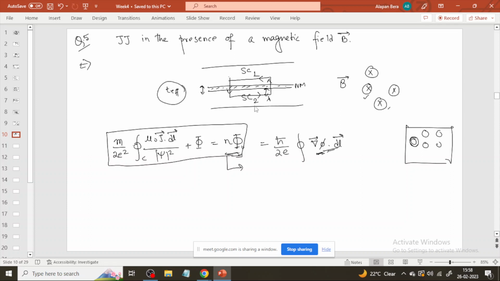So basically along this path the current density J is 0, and that's why this equation gets modified to this equation. Now also this phi can be written as, this is the flux due to the magnetic field, so this flux can be written as B dot ds.